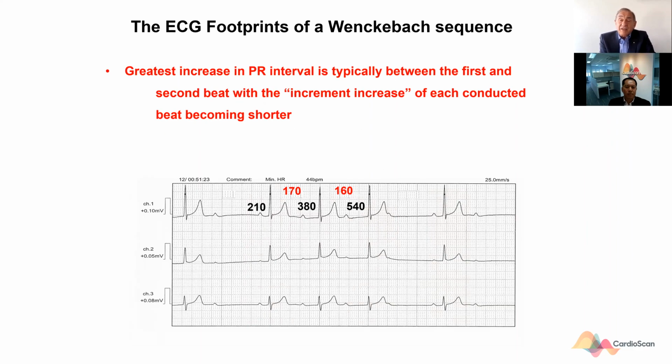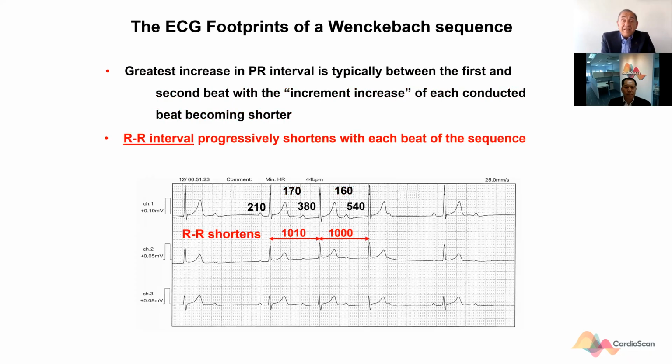We're not really going to talk about this again, but it is very important because it represents the way we recognize Wenckebach sequences outside the AV conduction. Now, the RR interval progressively shortens with each beat of the sequence, as you can see here. Again, we won't mention this again.